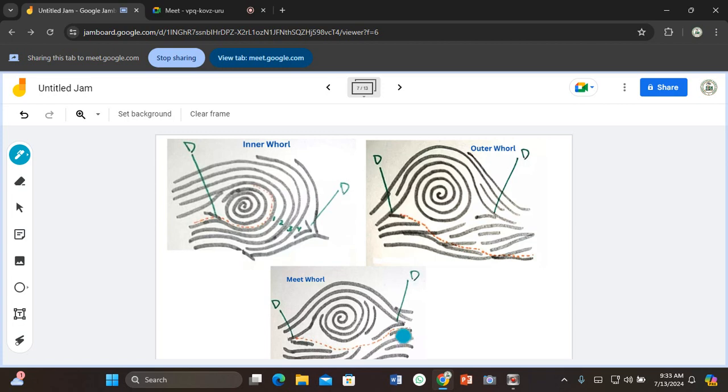So in wall, generally speaking, what you use to make positive identification is ridge tracing. But in loop, we use ridge counting. So the ridge count is meant for the loop, while ridge tracing is meant for the wall.